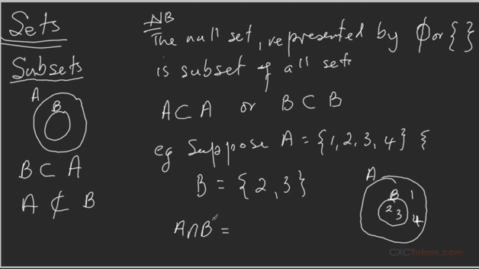A intersect B would be equal to set B, because B contains the common elements between A and B. And the union of A and B, where we take elements that are either in set A or B, we would get our result to be equal to set A. So, as you can see, if B is a subset of A, then A intersect B is equal to B, and A union B is equal to set A.